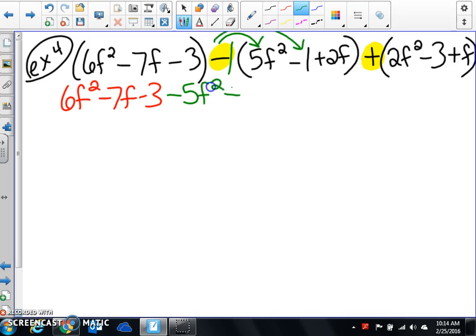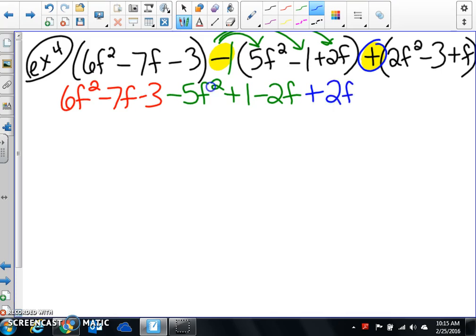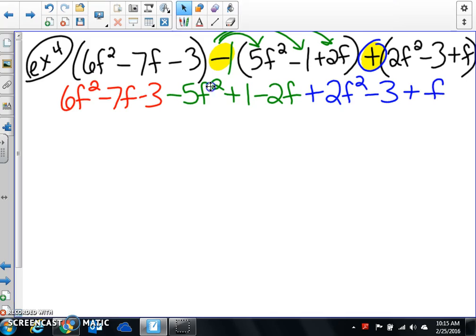Negative 1 times negative 1 is positive 1. Negative 1 times 2f is negative 2f. Over here, it's a positive, so I just drop down the parentheses. I don't have to change anything. So this is positive 2f squared minus 3 plus f.